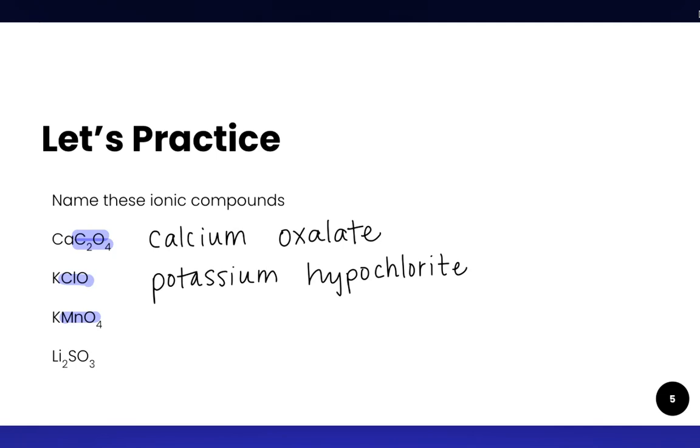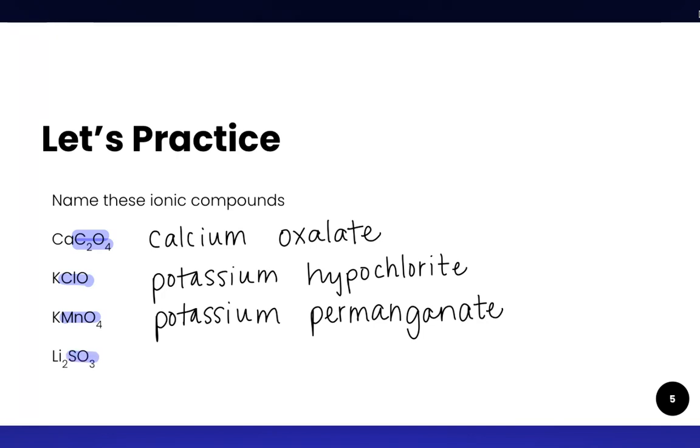This one is potassium. Permanganate. And then we have lithium. Silicate.